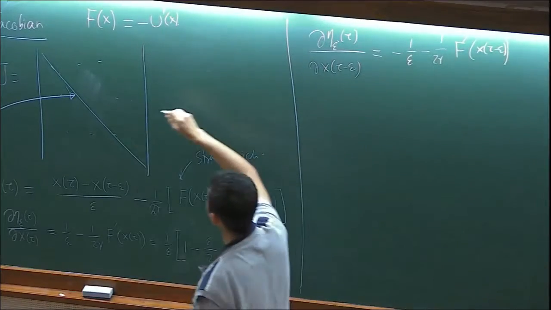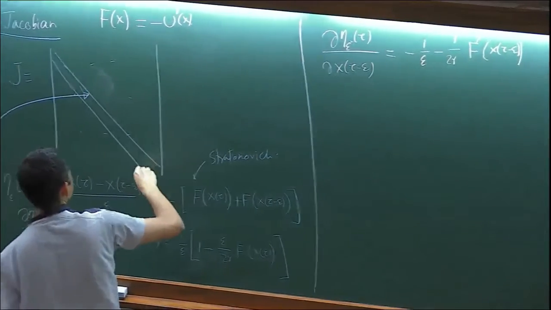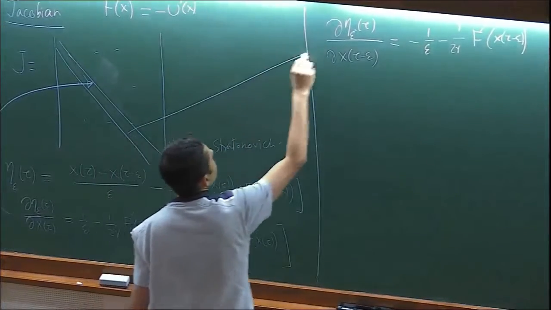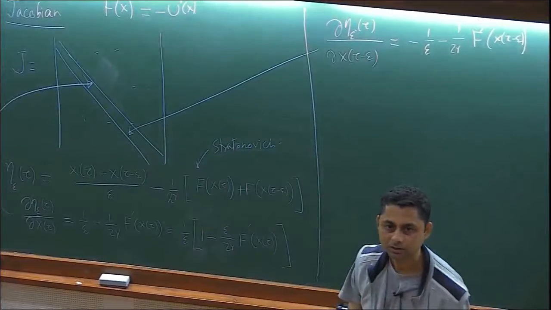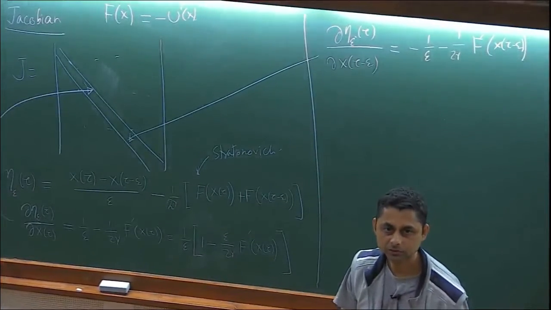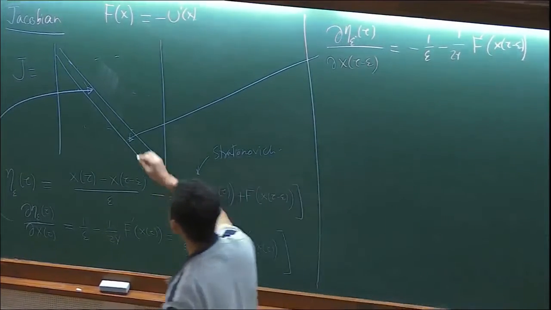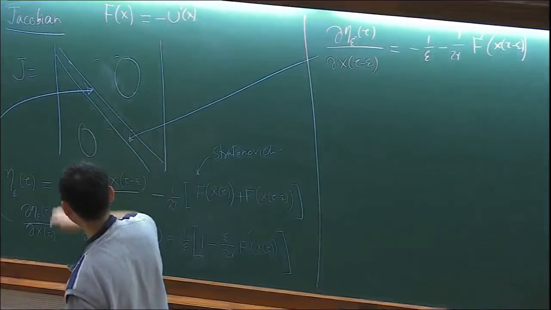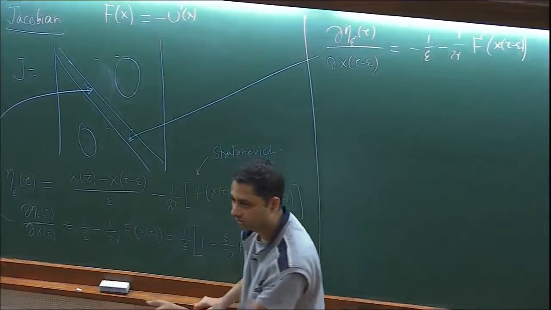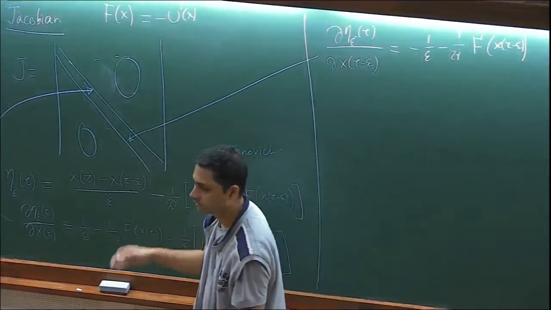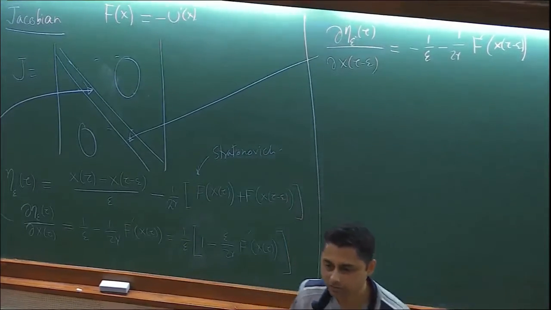So these are the elements on this one, right? And all the other elements will be 0 because it depends on only two times. One is at that one and one is at the previous one, right? So there are no other elements.